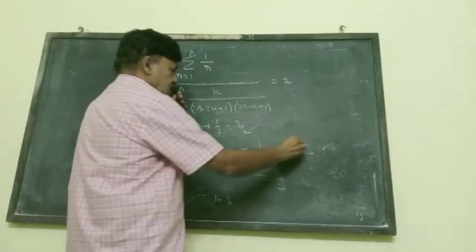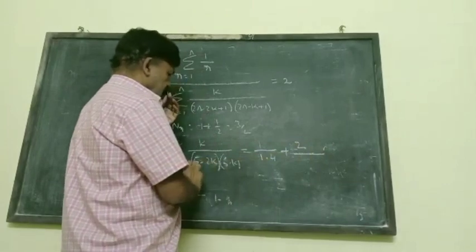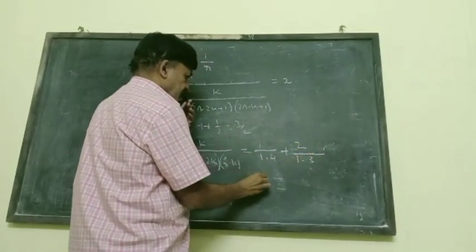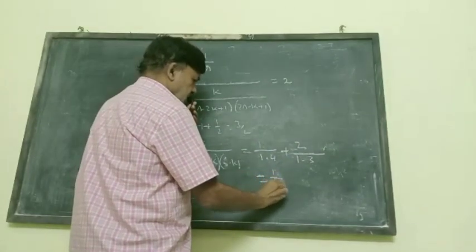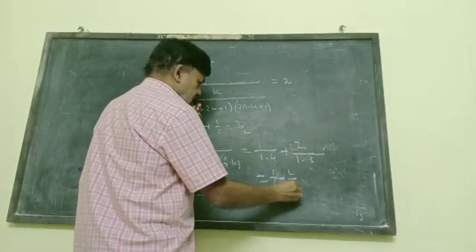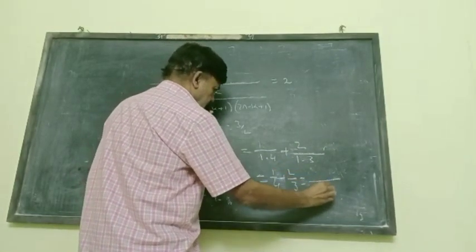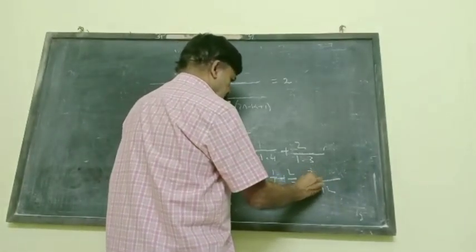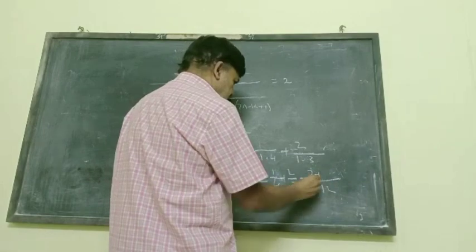K value 2: 2 by 1 into 3. So 1 by 4 plus 2 by 3. LCM 12. 4 3s, 3 4s.